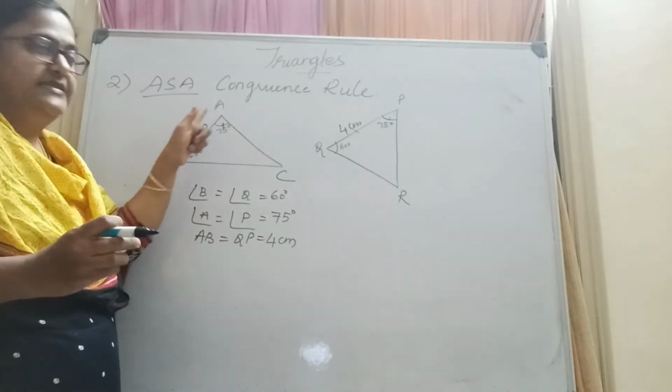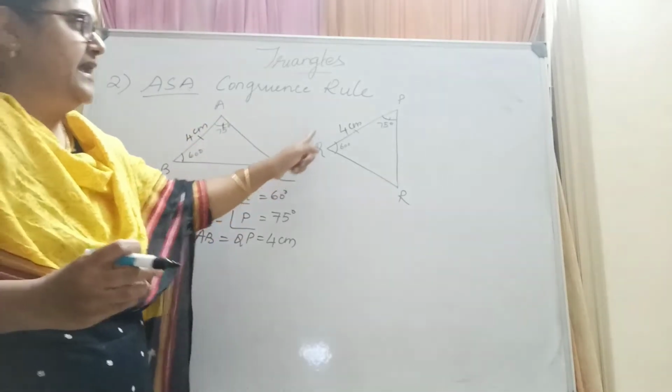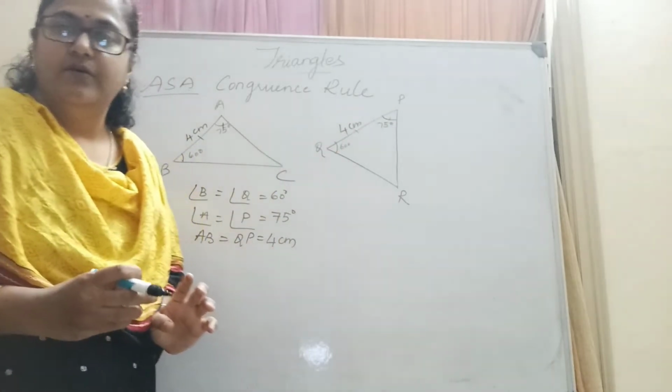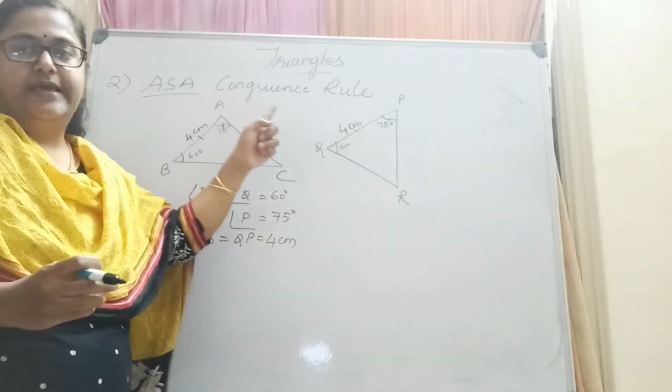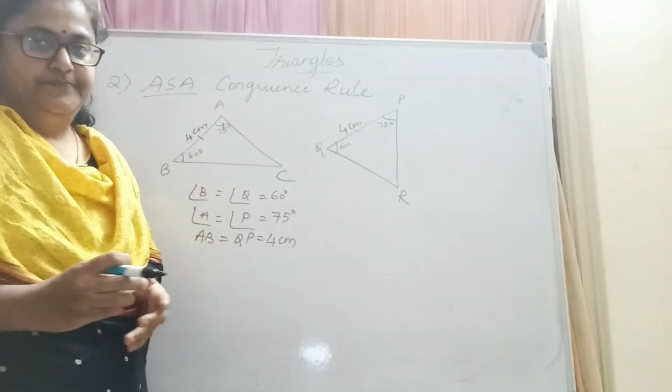So ASA. This is ASA congruence rule. This is how we prove two triangles are congruent with respect to ASA congruence rule.